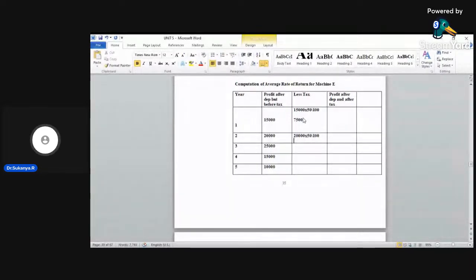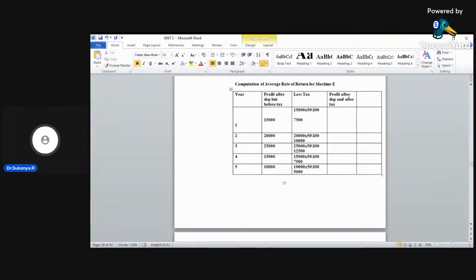So this comes to 10,000. Next you have 25,000 into 50 divided by 100. So it comes to 12,500. Then you have 15,000 multiplied by 50 divided by 100. It comes to 7,500. Then you have 10,000 multiplied by 50 divided by 100. It comes to 5,000.